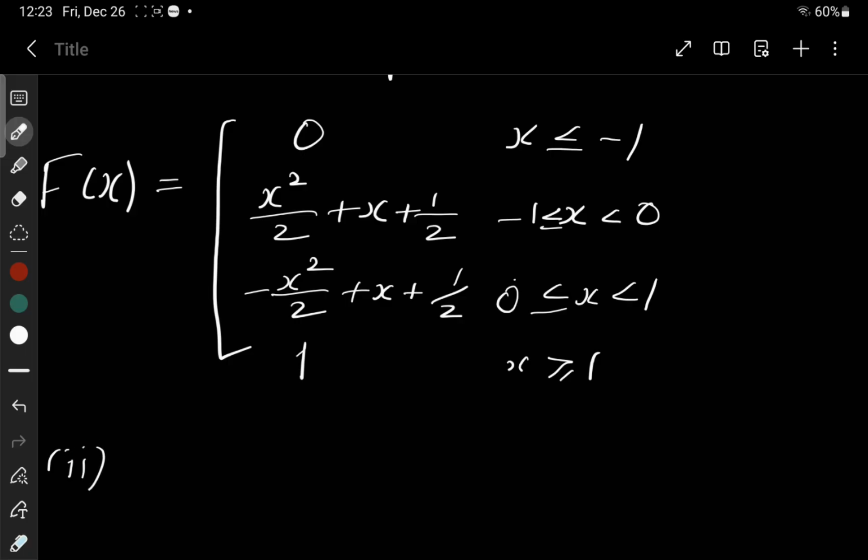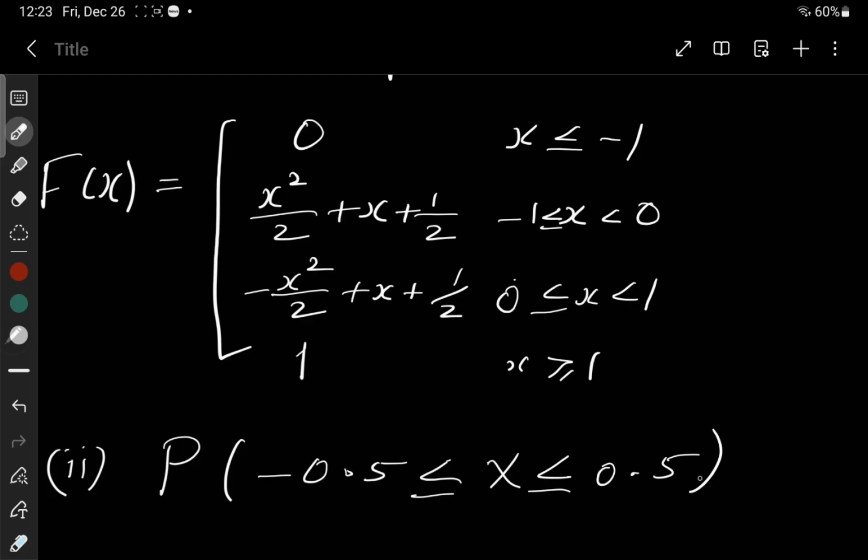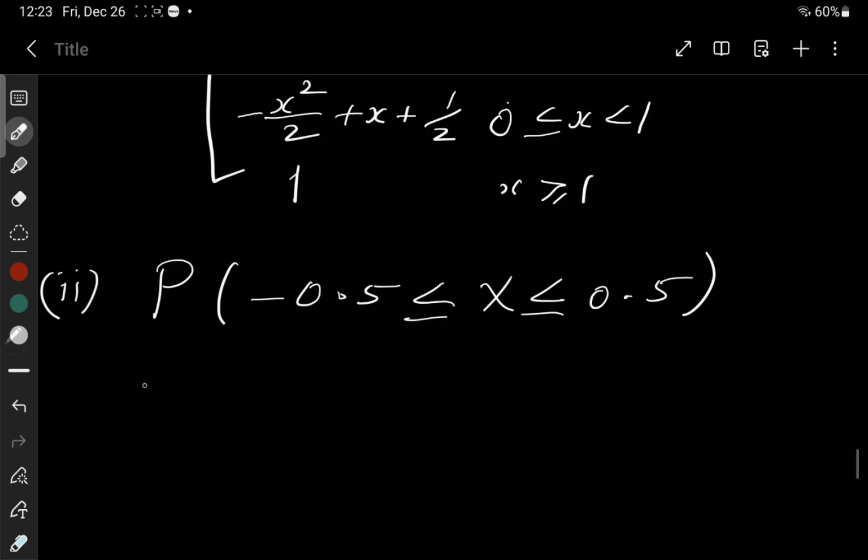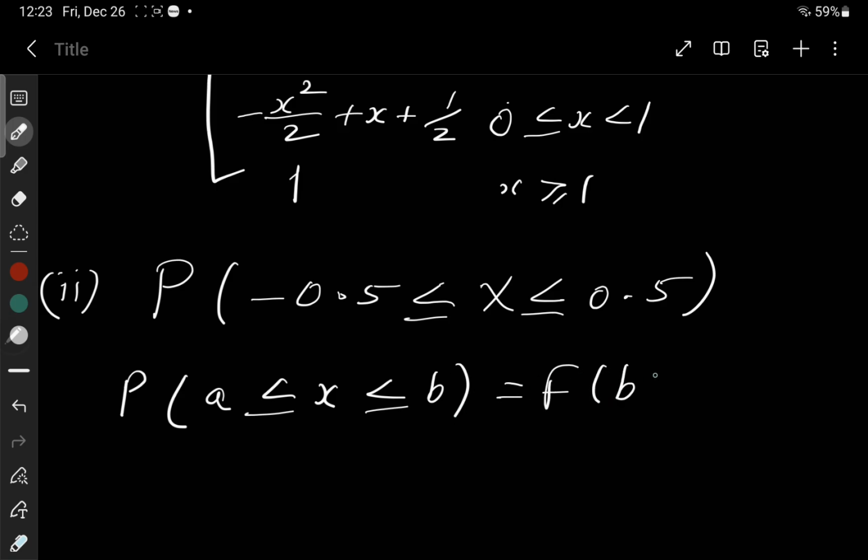Second subdivision: find the value of probability of minus 0.5 less than or equal to x less than or equal to 0.5. As I said, P of a less than or equal to x less than or equal to b is equal to f of b minus f of a.